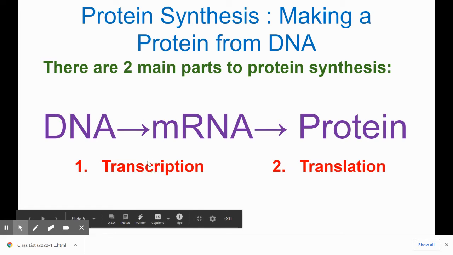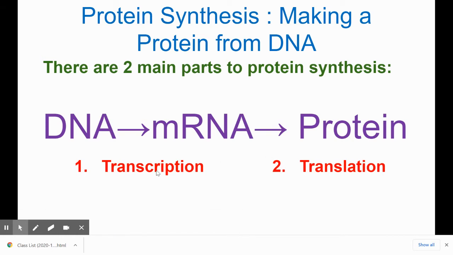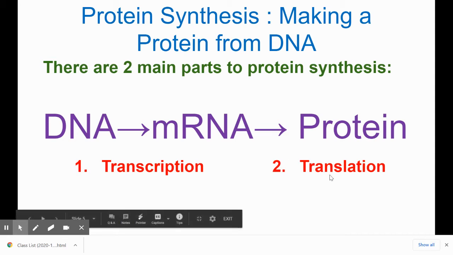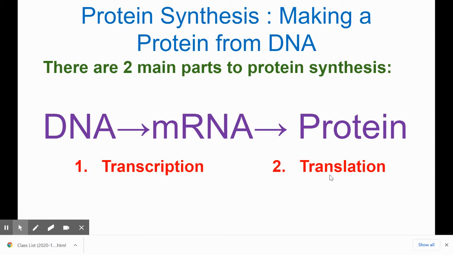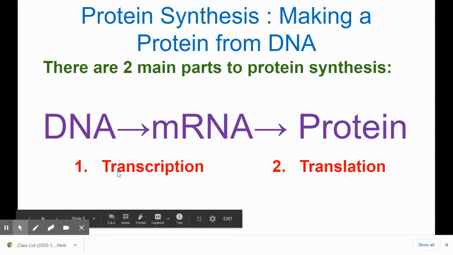Notice the 6th letter in transcription is C, and the 6th letter in translation is L. He said C comes before L in the alphabet. That's how he remembered that transcription happens first and then translation happens second. So for the rest of this lesson, we are going to focus on this process called transcription.